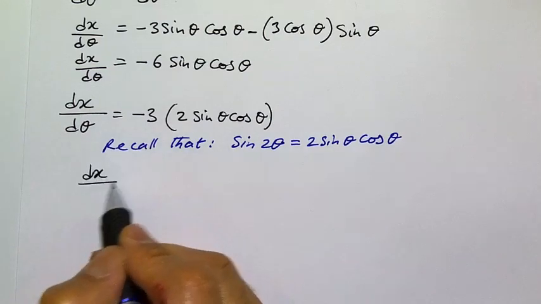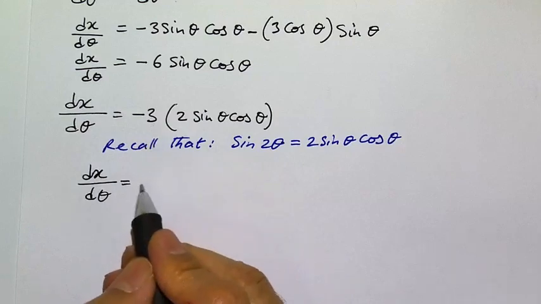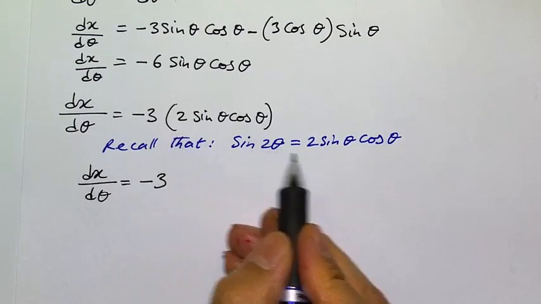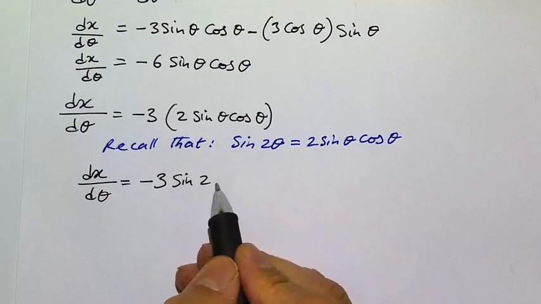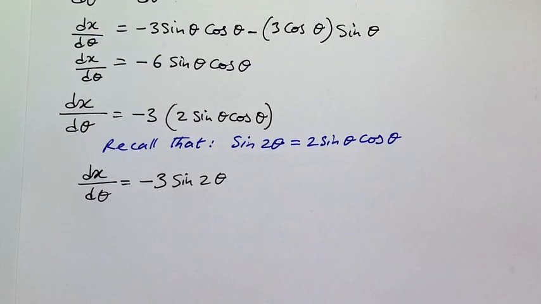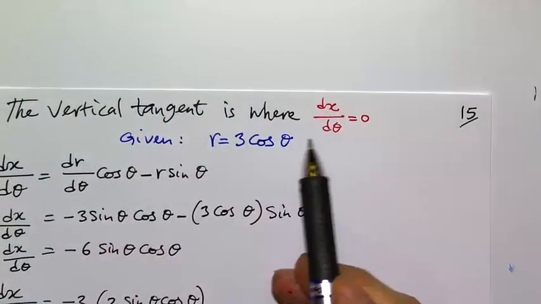So dx d theta is minus 3 times sine 2 theta. Okay, so now we know that we have vertical tangents wherever this quantity is equal to 0.